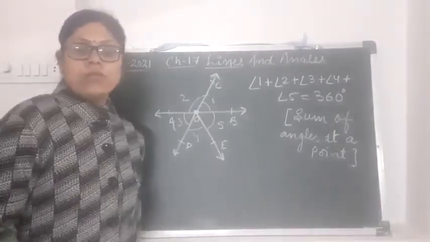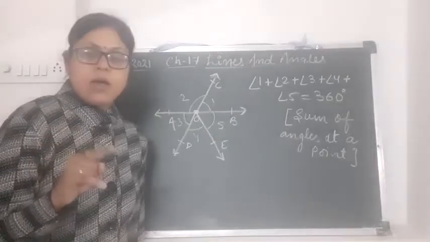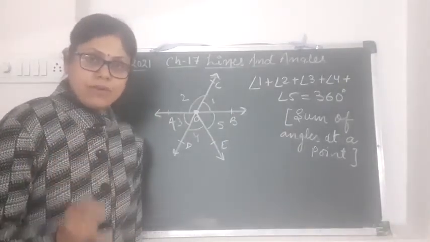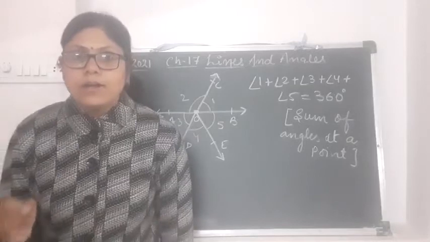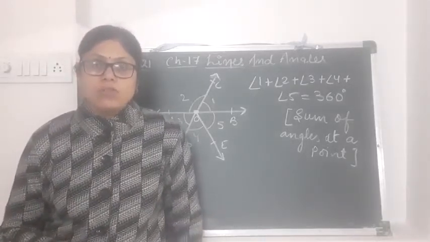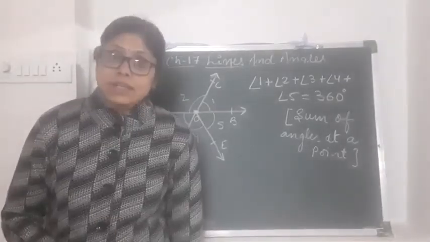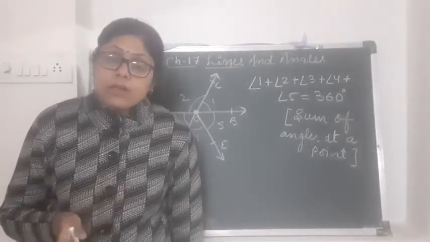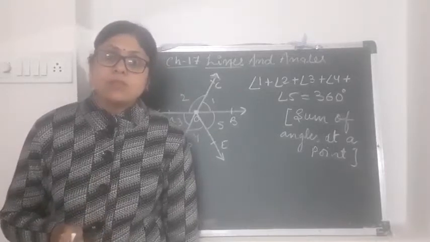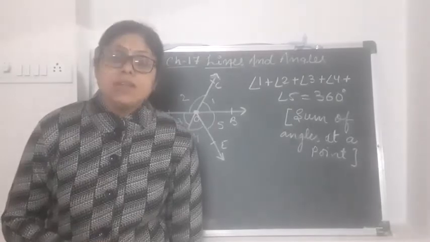Okay, so what we studied was adjacent angles. As I told you, when two angles have a common vertex and a common arm, with the other arms opposite, they will be called adjacent angles. When the opposite arms become opposite rays as well, then it will become a linear pair.